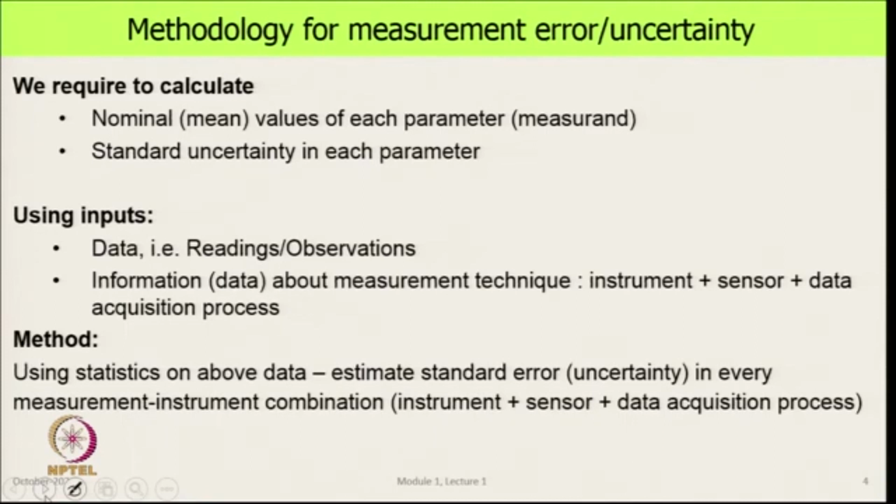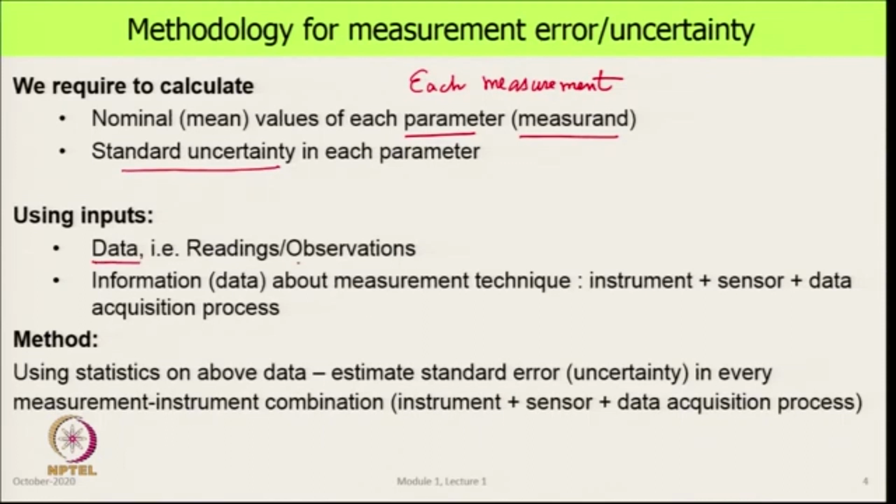So, what we want to do now is for each measurement, we want to calculate the mean value of each parameter, which we shall also call a measurand, and we need to calculate the standard uncertainty in each parameter. And for this, we use two pieces of information.